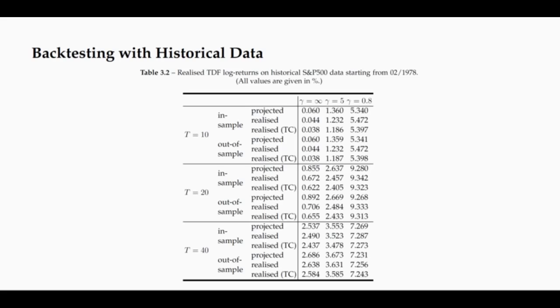So here gamma equals infinity refers to absolute risk aversion, which means the terminal payoff is supposed to be deterministic. It's a fixed value.